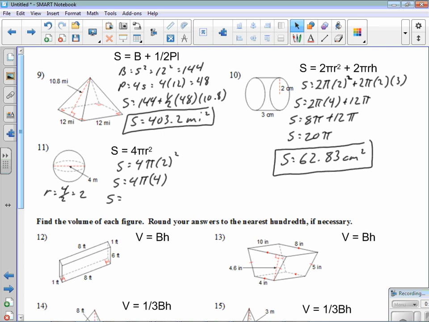And 4 times 4 is 16 pi. And 16 times pi gives us a surface area of 50.27 meters squared.